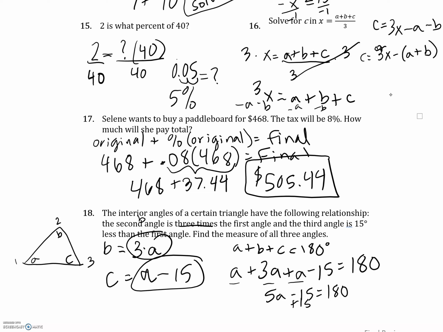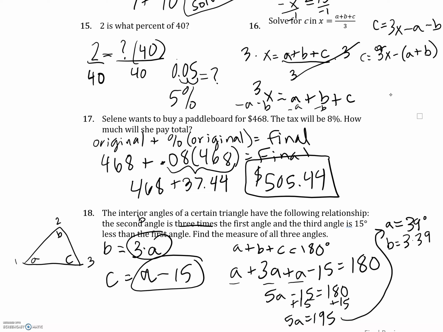Add 15 to both sides. We have 5A equals 195. I'm going to divide that by 5 on both sides, and A gives me 39 degrees. That's angle A. Angle B, remember we've got to find all three angles, that's what they asked us for, is 3A.